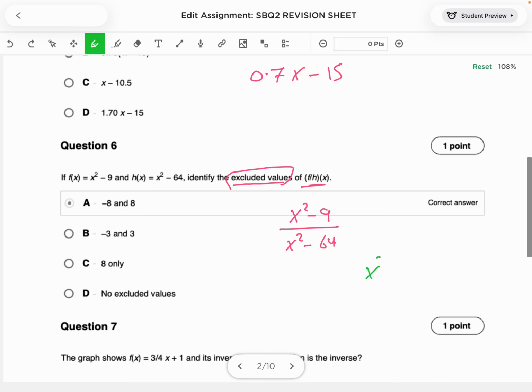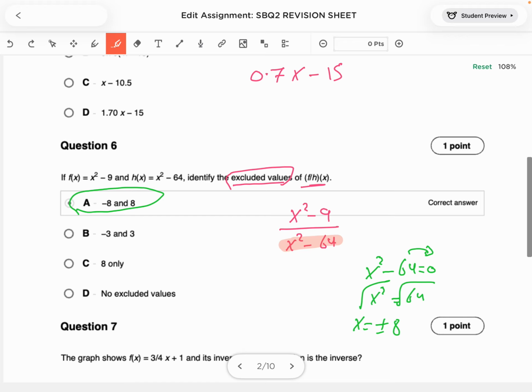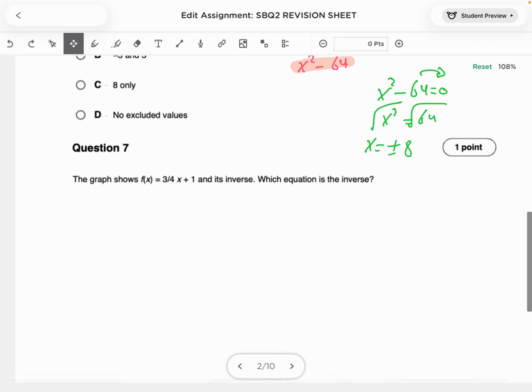So I will take x squared minus 64 equals 0, send it to the other side, x squared equals 64. We take the square root, so x equals plus or minus 8. So these are the excluded values that make the denominator equal to 0. Next one, the question asks me to graph the function and its inverse.